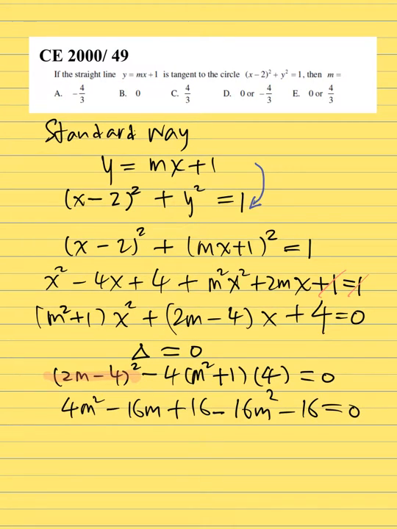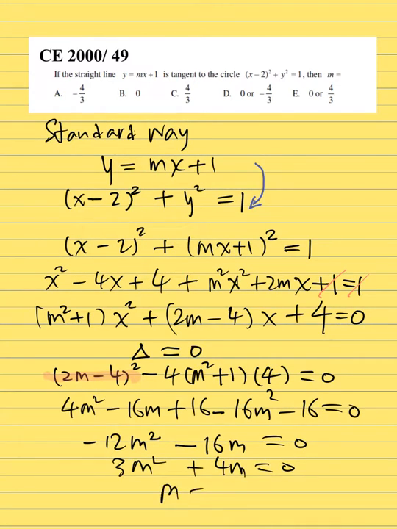Simplify, you get negative 12m squared minus 16m equals 0. Divided by negative 4, you get 3m squared plus 4m equals 0. So m equals 0 or negative 4 over 3. The answer is D. You may try to work it out by yourself again and see whether you have any problem.